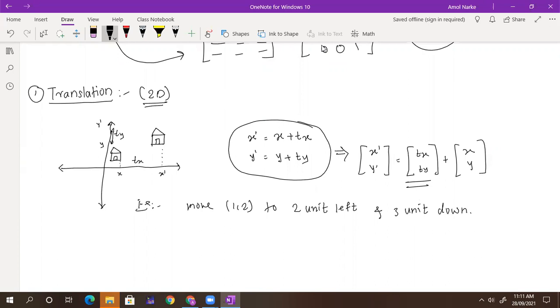Tell me, what are my new coordinates then? So what are you going to do? Firstly, I want the new x dash and new y dash, which is equal to tx ty here, plus the old x and old y. They have given old x and old y as 1 and 2, so I can substitute the values 1 and 2 directly.